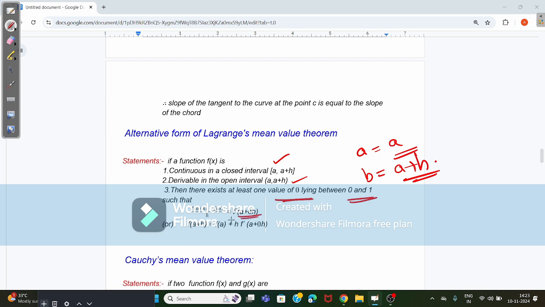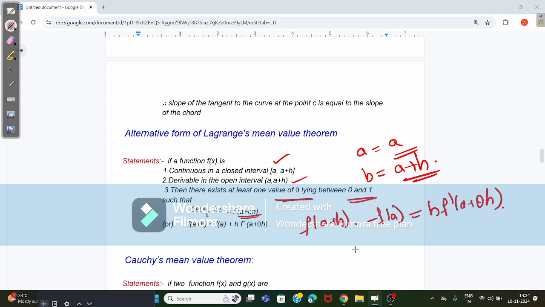Multiplying by h, f of a plus h minus f of a is equal to h into f dash of a plus theta h.